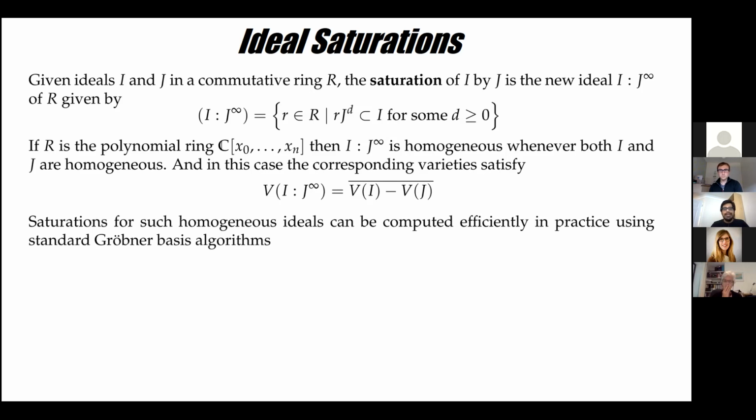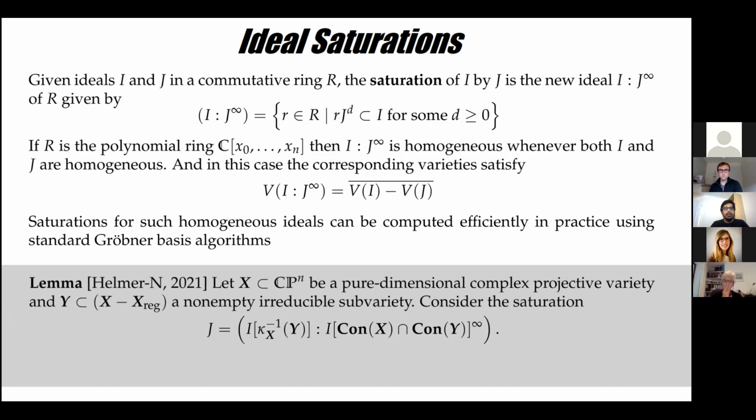And here's the main lemma that's driving much of the work. Take a pure dimensional complex projective variety X. Pure dimensional just means that there's a top, let's say k-dimensional piece, and everything else is in the boundary of that. Let Y be a non-empty irreducible subvariety.